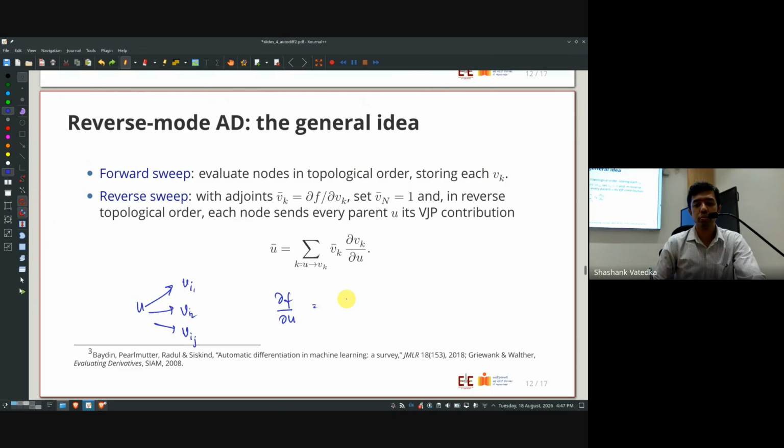So it's equal to the partial derivative of f with respect to vi1 times the partial derivative of vi1 with respect to u, plus the partial derivative of f with respect to vi2 times the partial derivative of vi2 with respect to u, and so on.